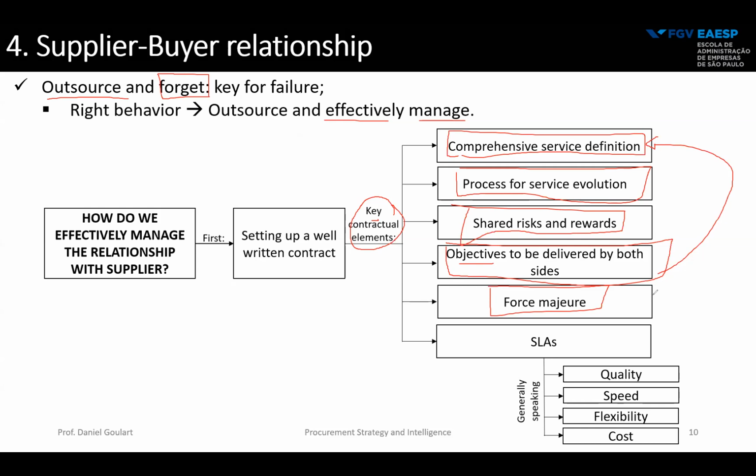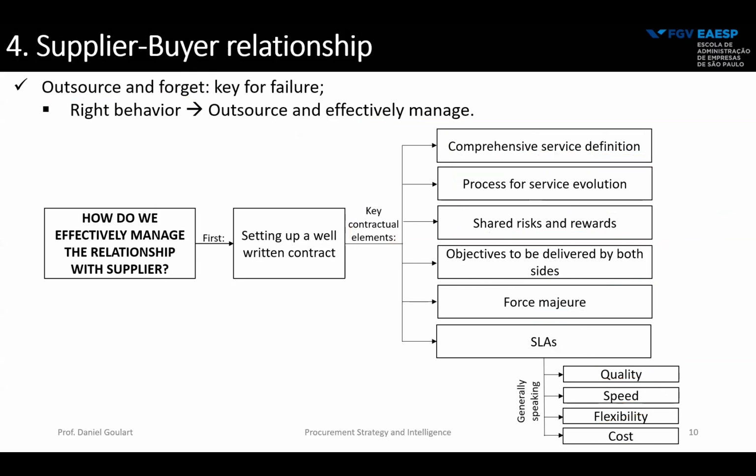And lastly, a key aspect of a contract is the SLA, service level agreement. What are the service level agreements? What are the KPIs? We can name it like that as well. What are the indicators of performance that will drive this contract related to quality, related to delivery speed, related to flexibility, related to cost?